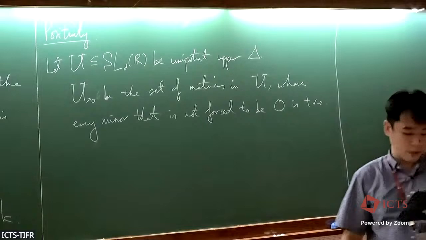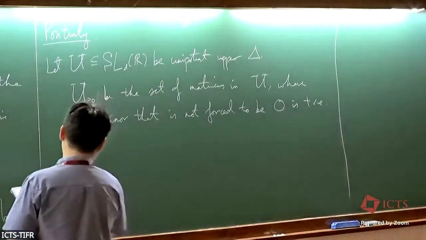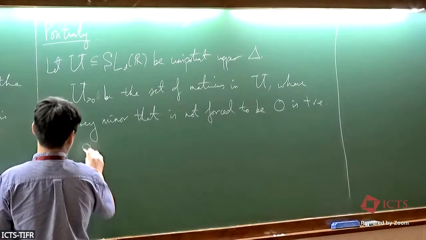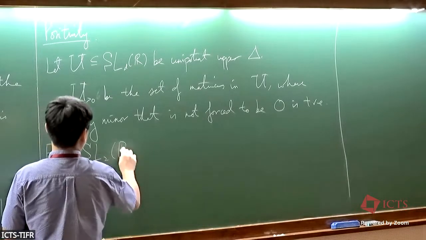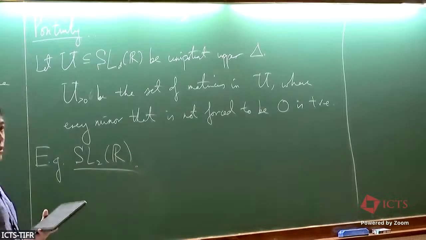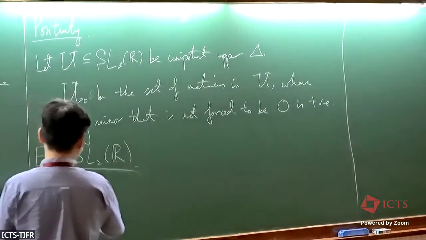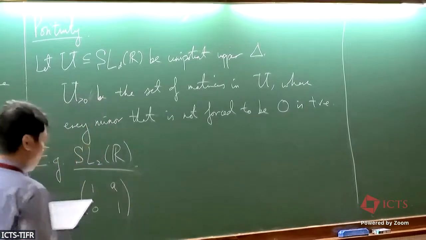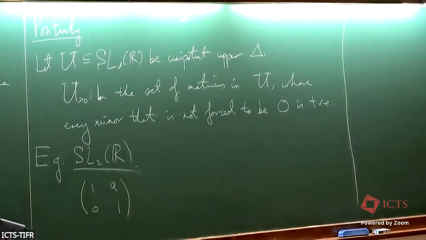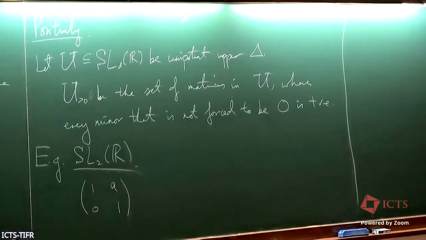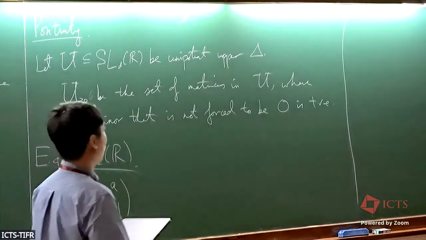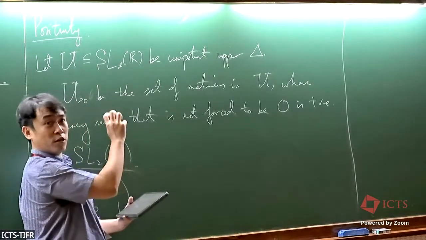Let me give you an example to illustrate what I mean here. Let's look at the SL2R case. First I take an element in U, so an upper triangular unipotent matrix. What does it mean for this to be in U greater than 0? I want every minor that's not forced to be 0 to be positive. A minor is a number, the determinant of a submatrix.